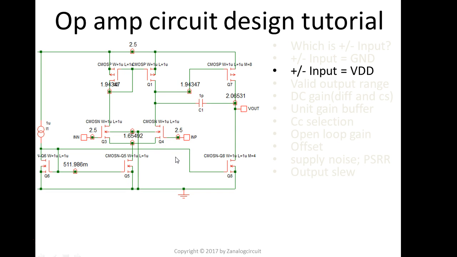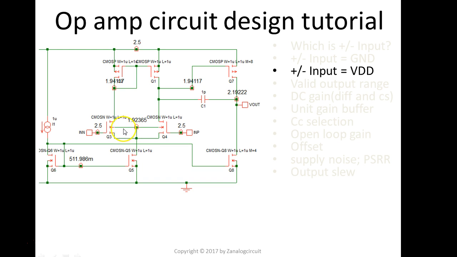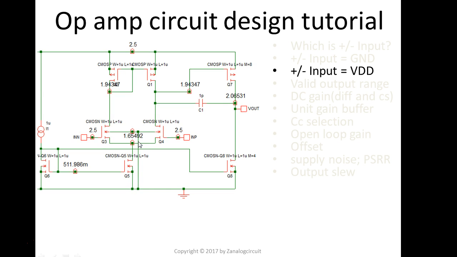Next slide. It turns out another way to do it is to manipulate the body voltage. We talked about this body effect before. When the body voltage is lower than the source voltage, right? In the last slides, we connected the body to the source together. But in this slide, we connect the body of this input pair to the ground. Now its source voltage is higher than its body voltage.